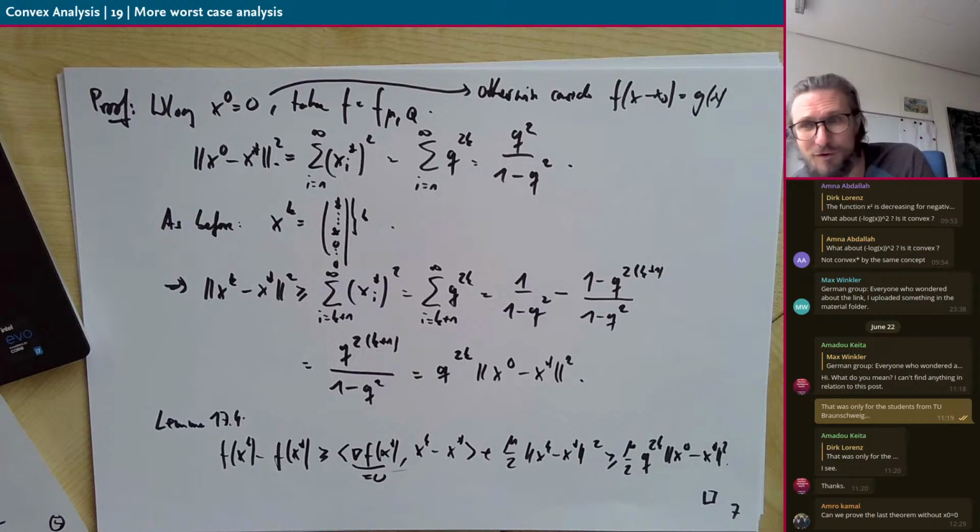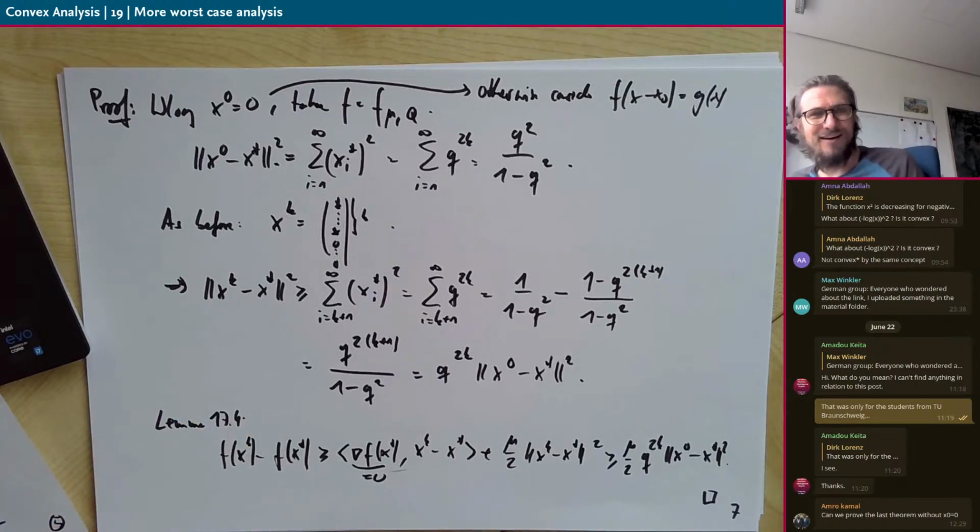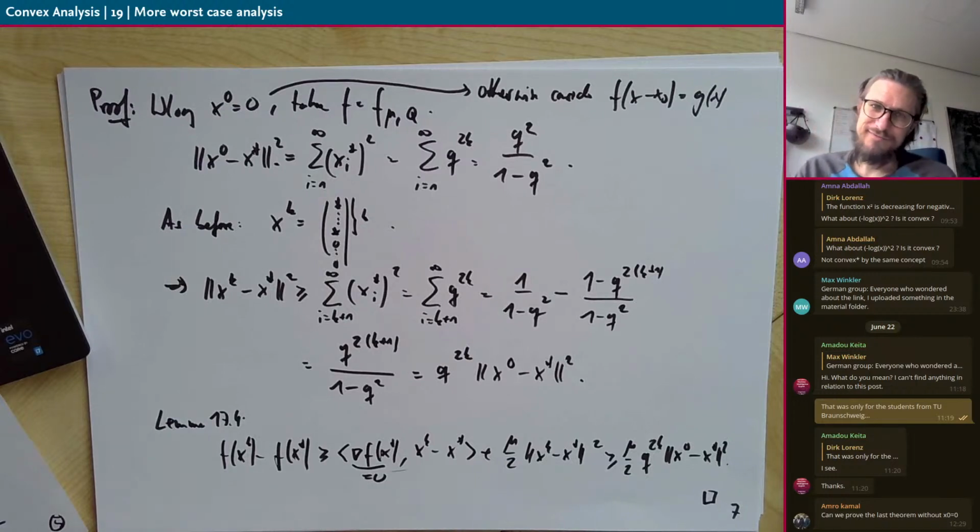Of course, for all problems, the best x0, the best starting point, would be x star, the solution. Because if you start on a solution, the gradient method would just get stuck there, because the gradient at a solution is 0, so you start there, you stay there, you're optimal from the beginning. And that's the best initialization you can have, right?